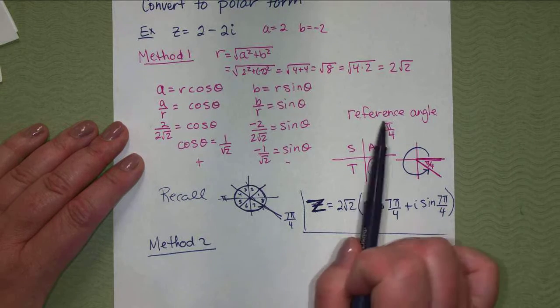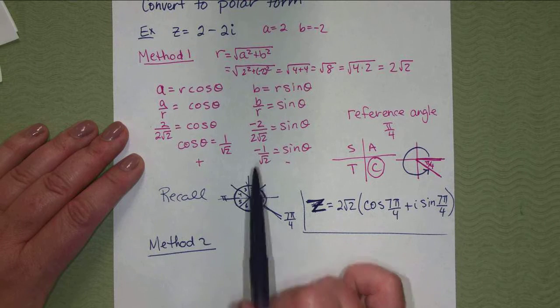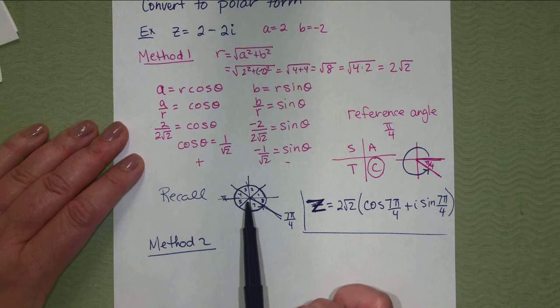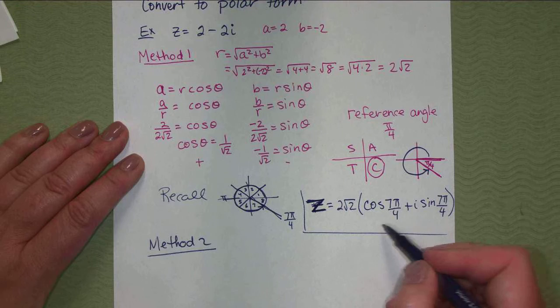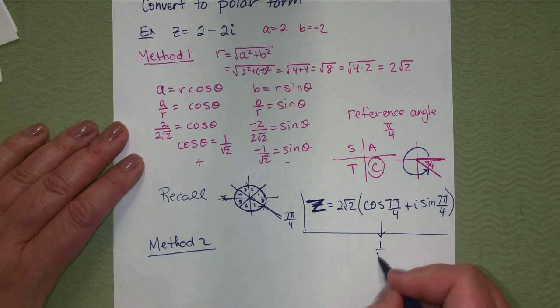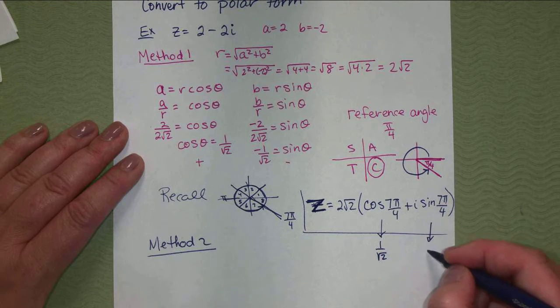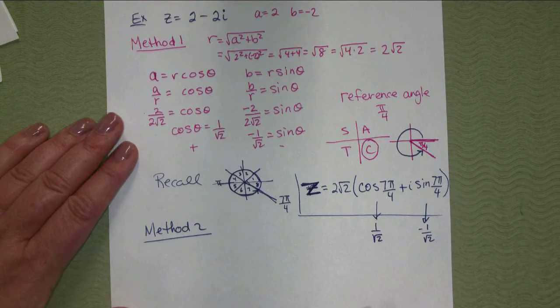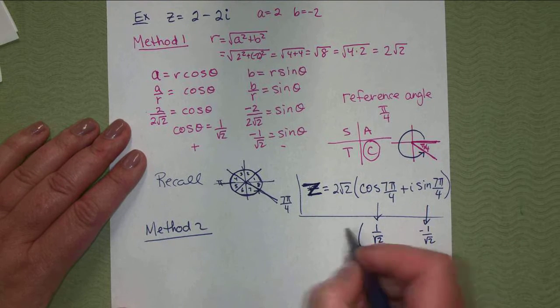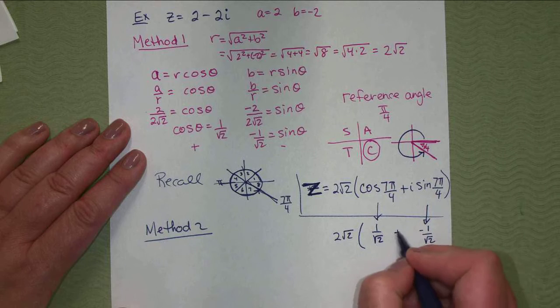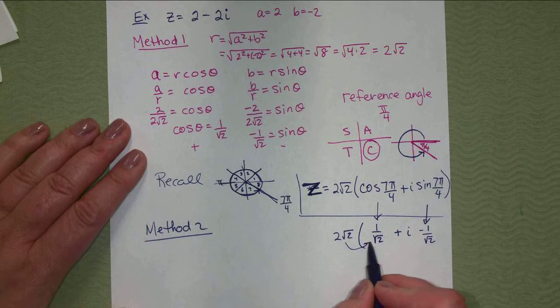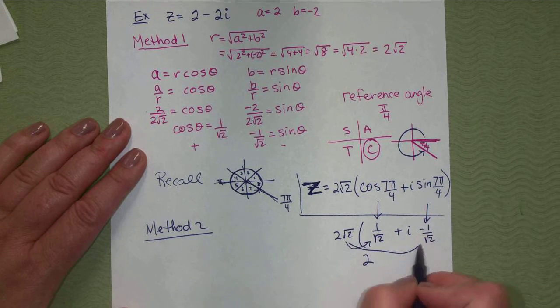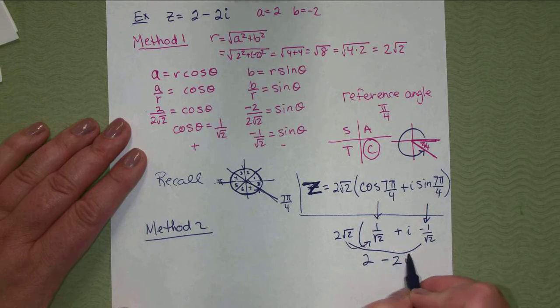The quadrant that it lands in tells you the sign. So if you evaluated this, this gives me 1 over root 2, and this gives me negative 1 over root 2. Multiply by this, and we get back to our original number. All right, multiply that in, we get 2. Multiply it in here, we get minus 2. All right, so it goes back to where you started.